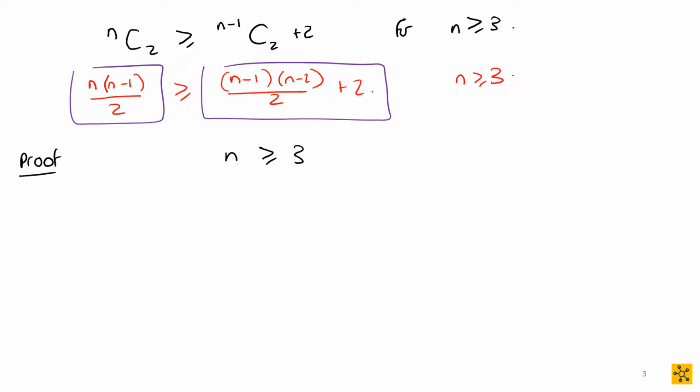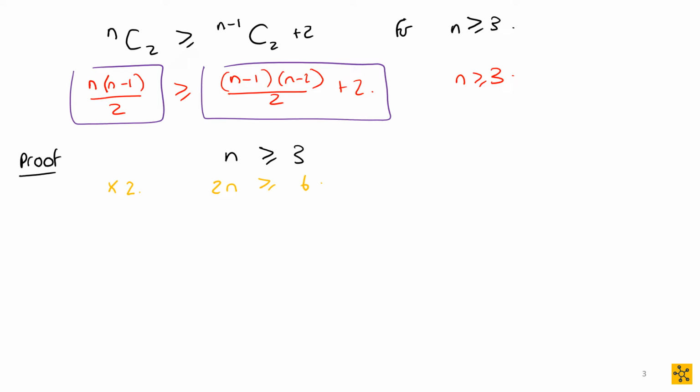So we're just going to start off with n greater than or equal to 3. The very first thing we're going to do is multiply both sides by 2. So we have 2n greater than or equal to 6. Now, both sides are quadratic expressions, because we have n times (n minus 1), and (n minus 1) times (n minus 2), so we have an n squared situation occurring.